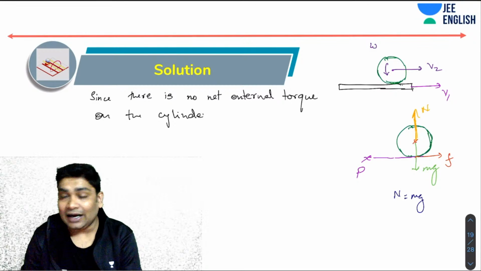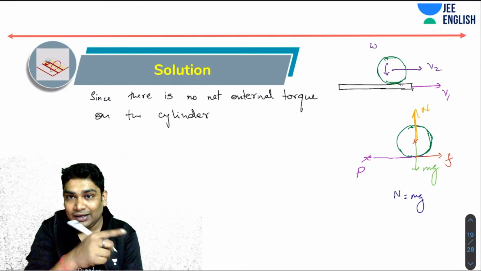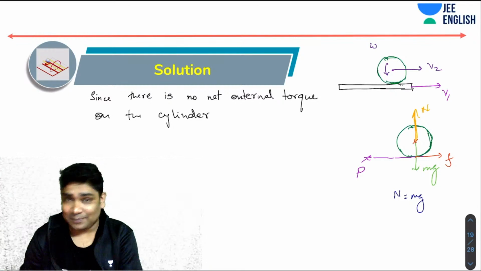Now P is a random point which lies on that line in the horizontal. It may be a point on the ground, it may be a point in the air.